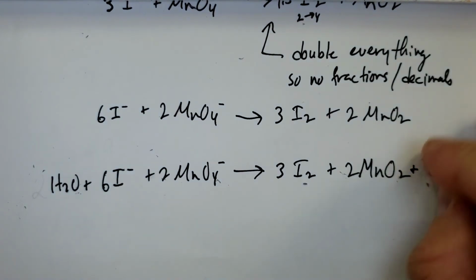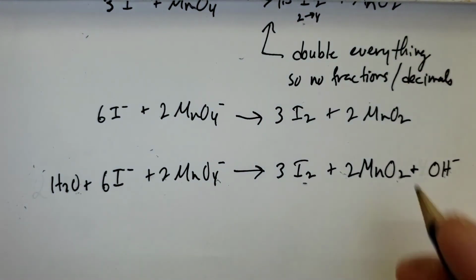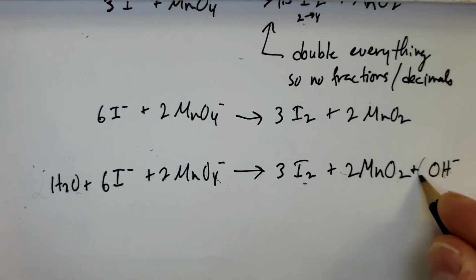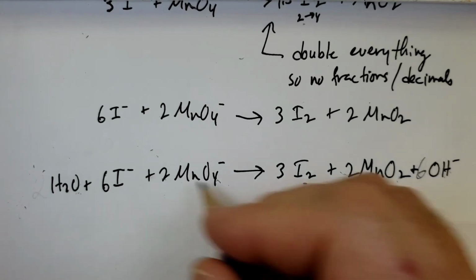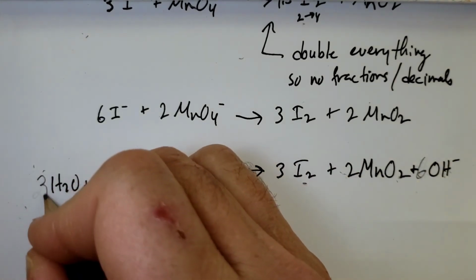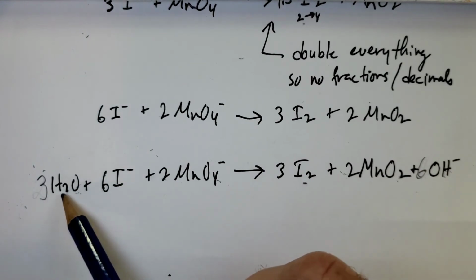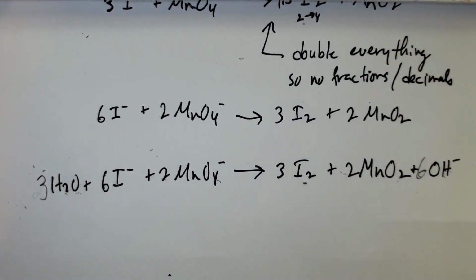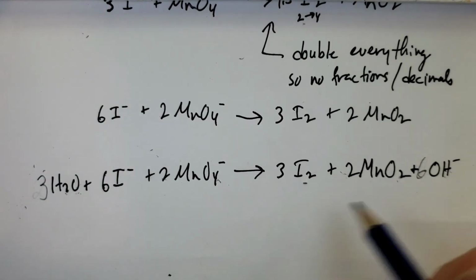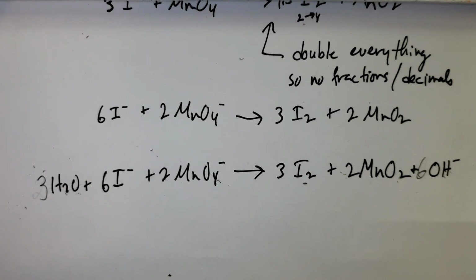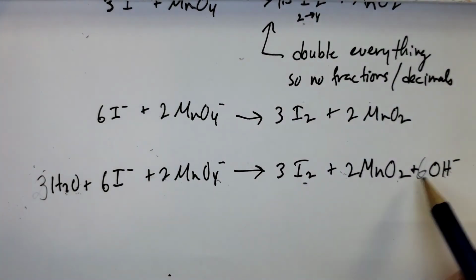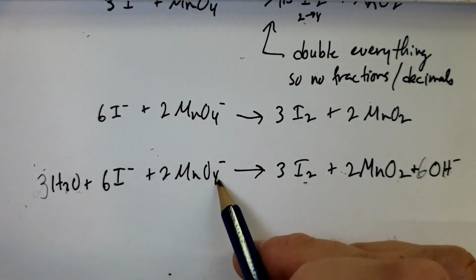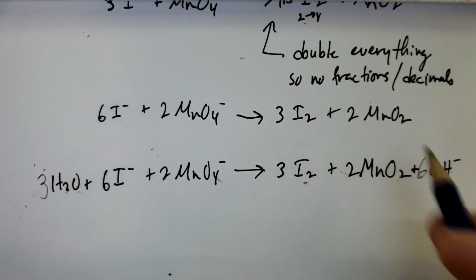So let's try 6. So that's going to give me 6 H's. To get 6 H's, I need a 3 there. And in terms of O's here, what do I have? 3 plus 8 is 11 O's.